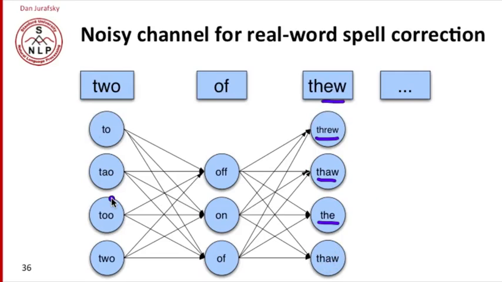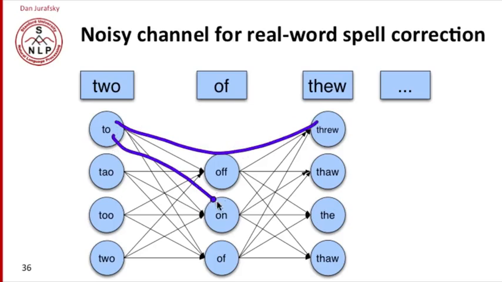So we have each of our candidate sets, and then we just want to ask, of all the possible sentences produced by paths in this graph, so here's one, two of threw, here's another one, two on thaw, here's another one, two of the, and so on, for each of those possible sentences, what's the most likely one according to the noisy channel?